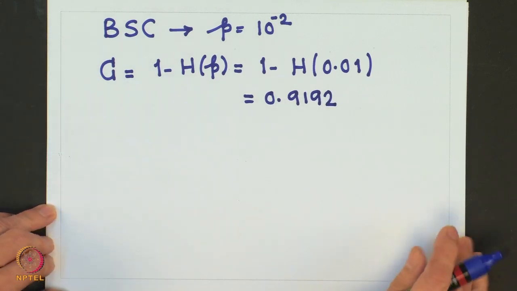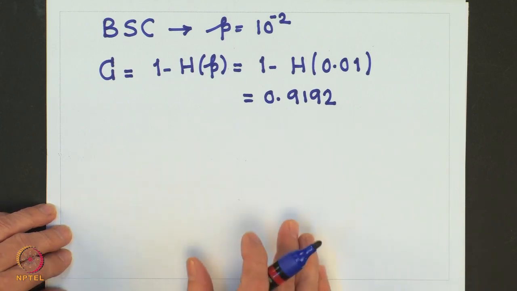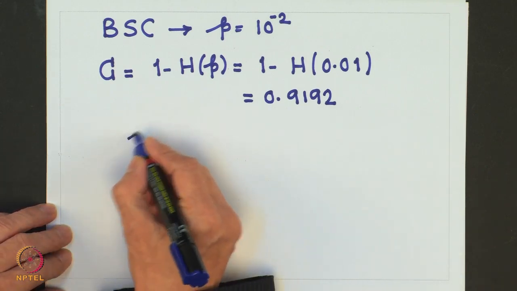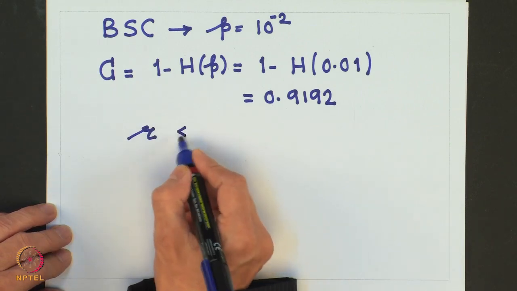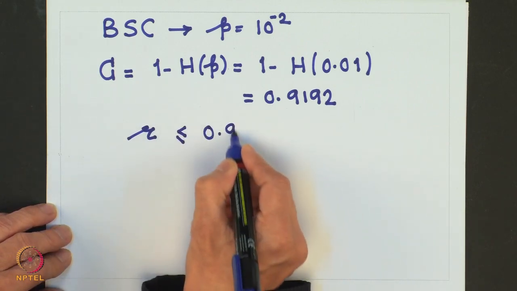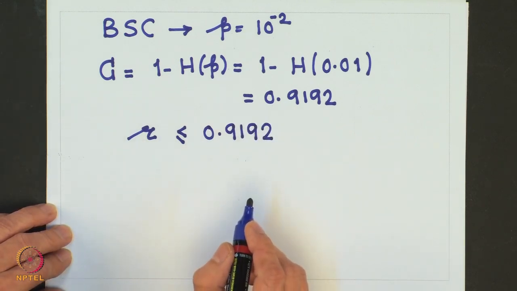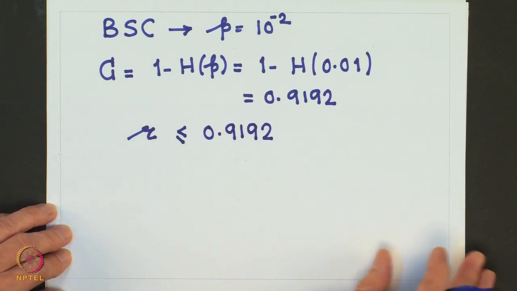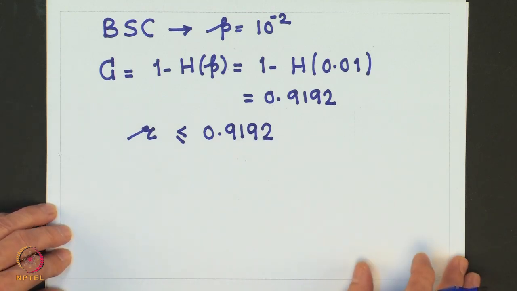So, in the light of the channel coding theorem, you should be able to find a code with a code rate R less than or equal to 0.9192 to get almost error free transmission. That means make the probability of error as small as possible.